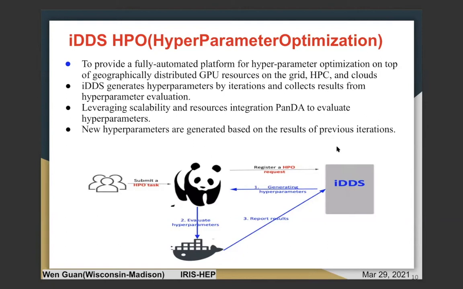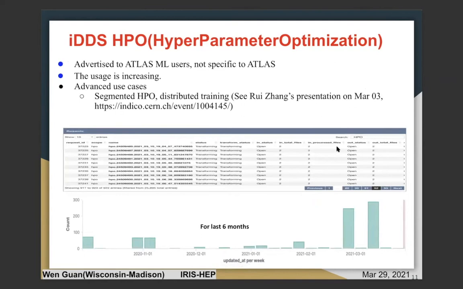So with the coordination of iDDS, hyperparameter generation and processing and optimization can be done automatically on distributed infrastructure. iDDS HPO is already advertised to Atlas machine learning users, but it's not specific to Atlas.